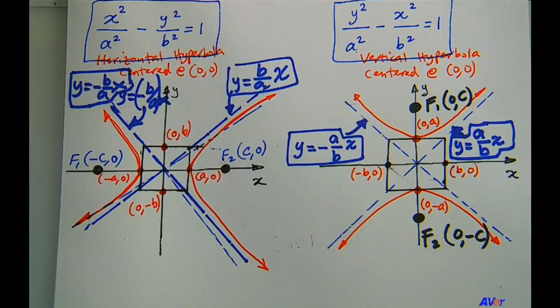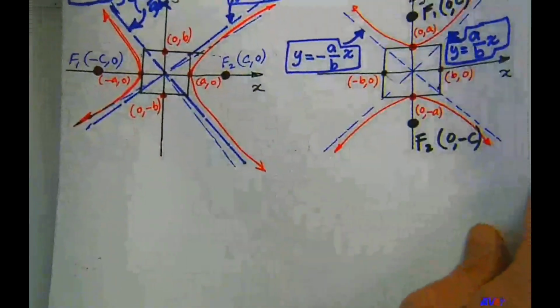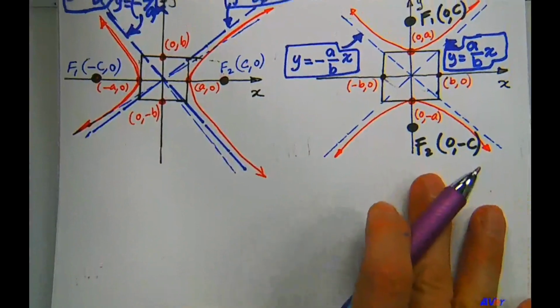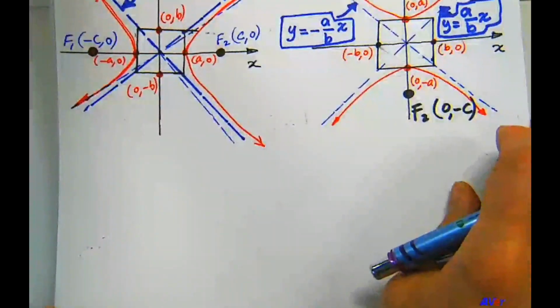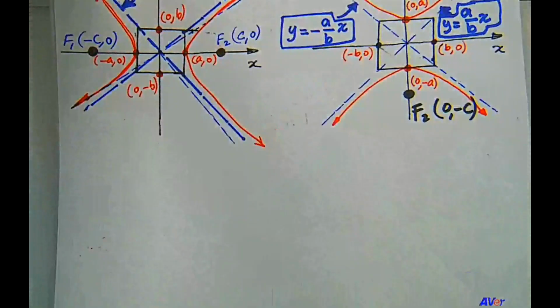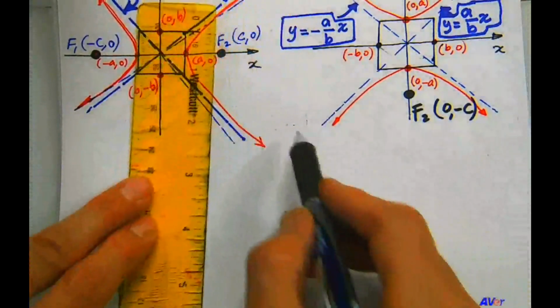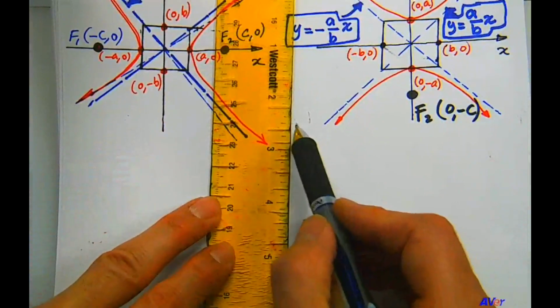So what else should we know about these hyperbolas? Underneath each one, you have the equations on top. So let's list other properties for each one. And I want to draw a vertical line here so that they don't mix.